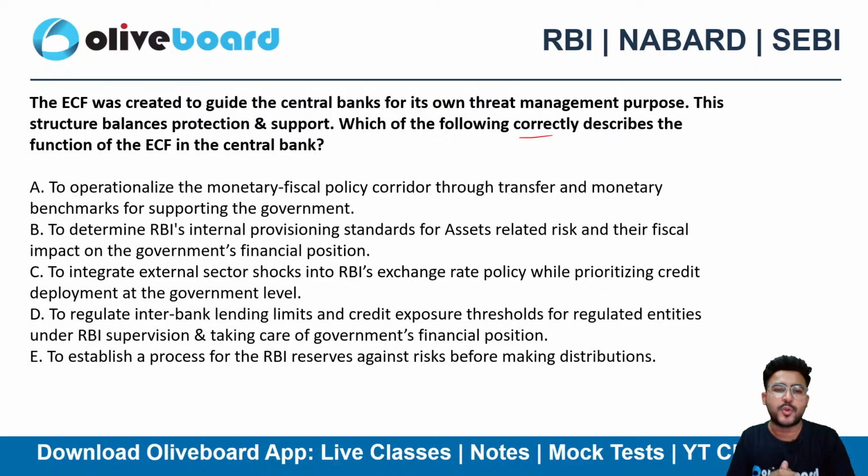Option D, to regulate the interbank lending limits and credit exposure threshold for regulated entities under the RBI supervision and taking care of the government's financial position. Option E, to establish a process for the RBI reserves against the risk before making the distribution.